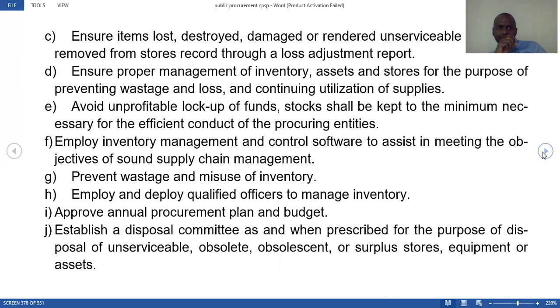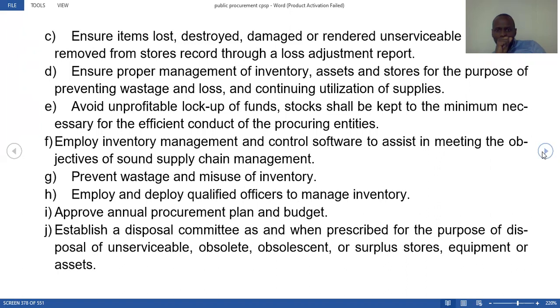Then avoid cases of locking up your funds by buying dead stock. The moment you buy dead stock in your organization, it means you are tying your capital, because maybe a product is only used once after maybe 4 months, but you have a lot of items in the store. That is one way of holding your capital.